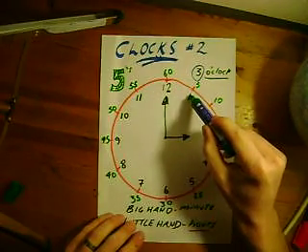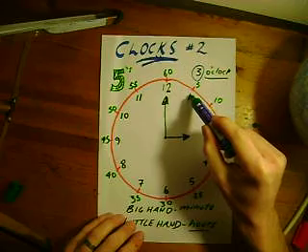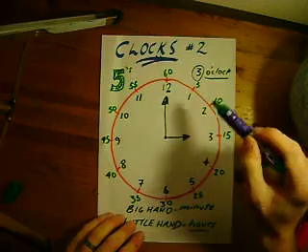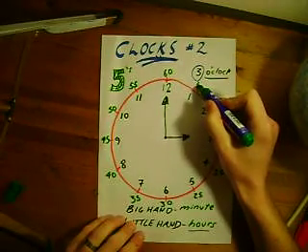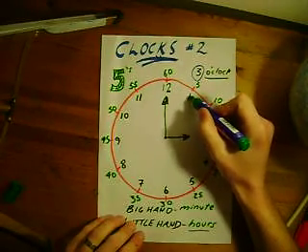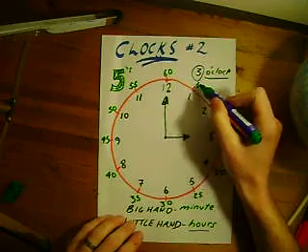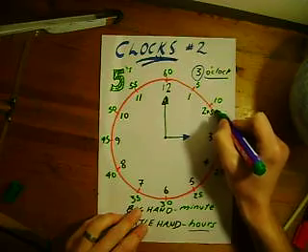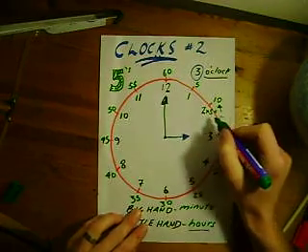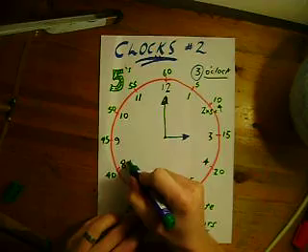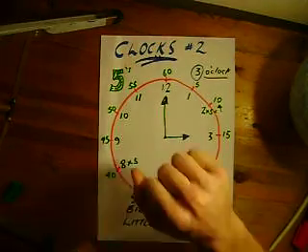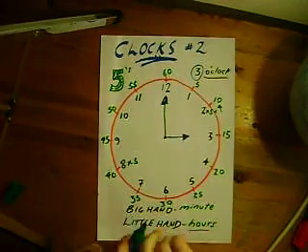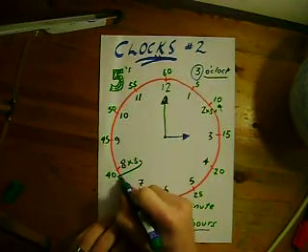It doesn't call this a 1, it calls it a 5. It calls this one a 10, it calls this 15, it calls this 20. And the way to work out this number is you just times these numbers by 5. One lot of 5 is 5. 2 lots of 5 equals 10. 2 times 5 equals 10. See? This one, 8 times 5. 8 lots of 5. 1, 2, 3, 4, 5, 6, 7, 8 equals 40.